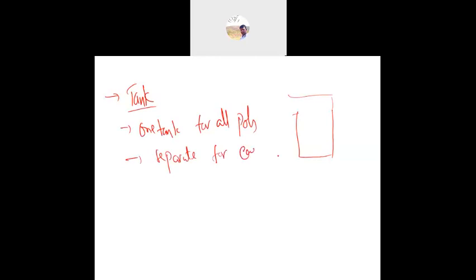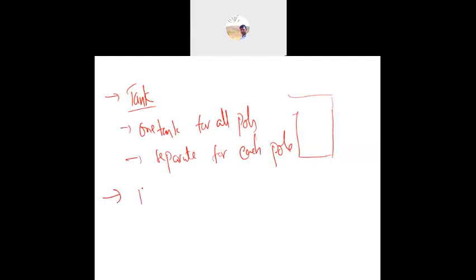Based upon the type of tank, we have one tank for all poles, which depends upon the phase system, and a separate tank for each pole.